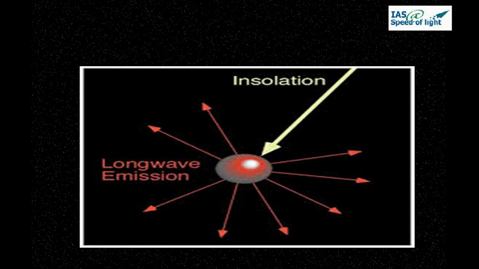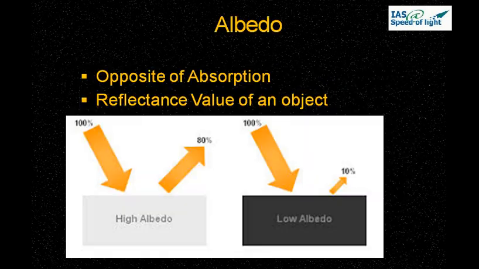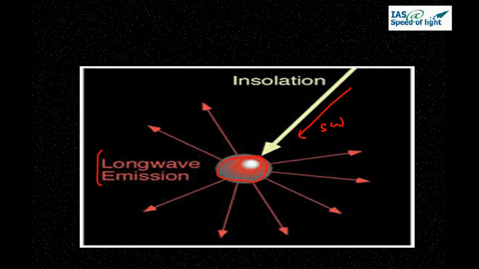So similarly, here we can see the example: insolation getting the direct rays of the sun as a short wave, and this particle is absorbing the energy and then transmitting the long waves. So if we see a typical radiation cycle, it starts from insolation, that is a short wave, incoming short powerful waves.